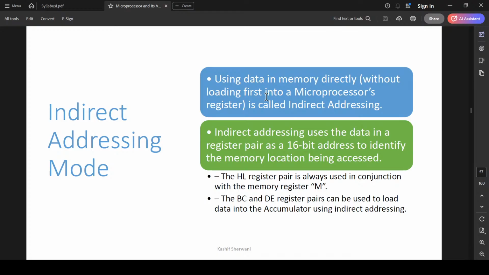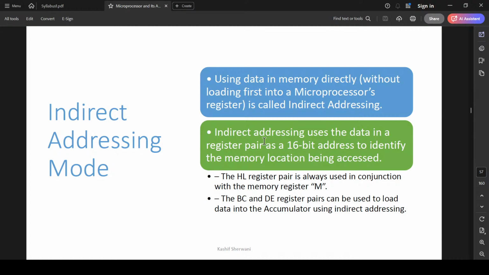Then what is the difference? Indirect addressing. Okay. Indirect addressing uses the data in a register pair as a 16-bit address to identify the memory location being accessed.